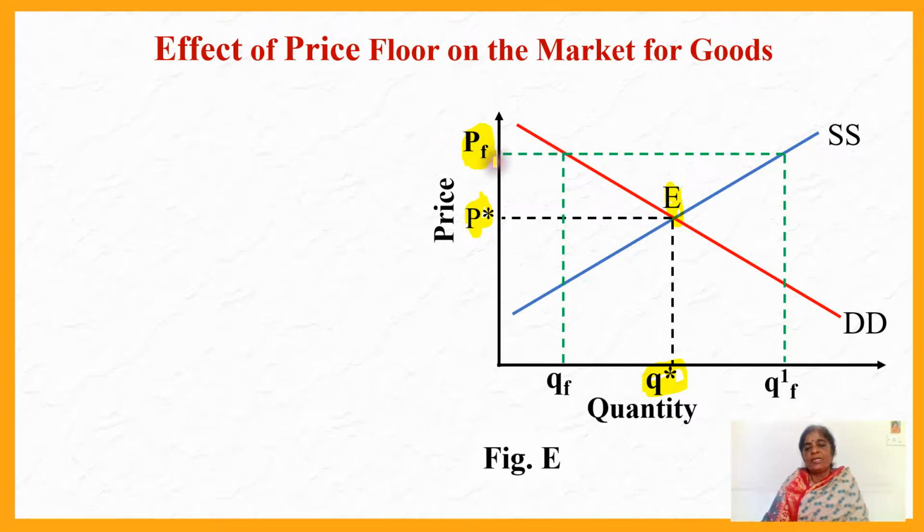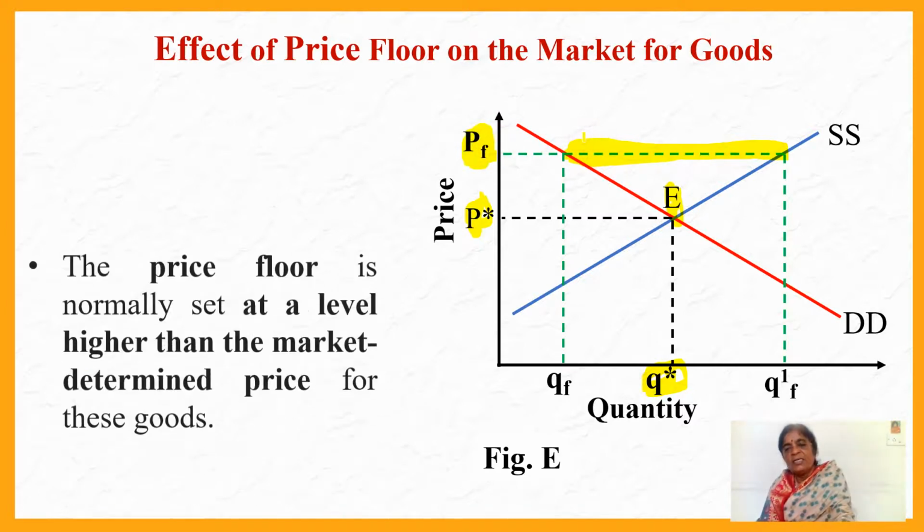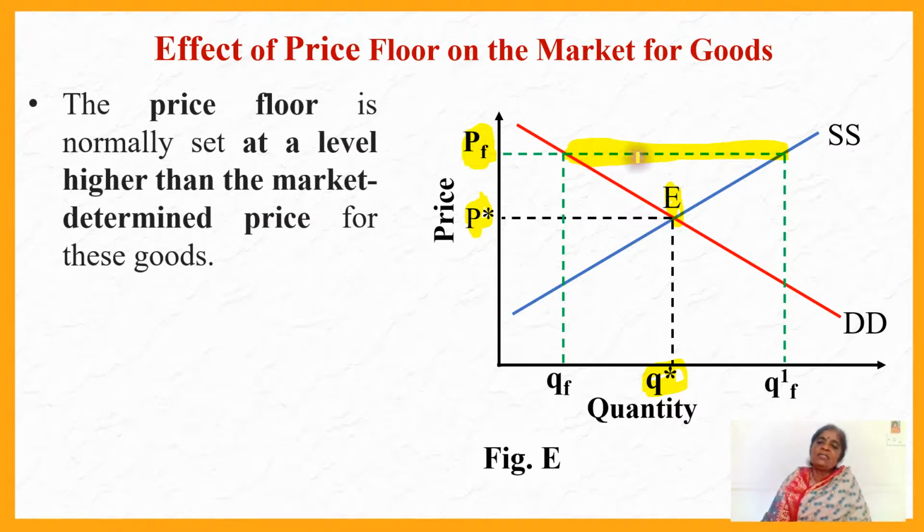Therefore, what will happen at this PF? A problem arises, as you all know. This is the situation we studied, excess supply. That is a consequence of this price fixed by the government. But the government will protect that also by purchasing this extra surplus themselves.